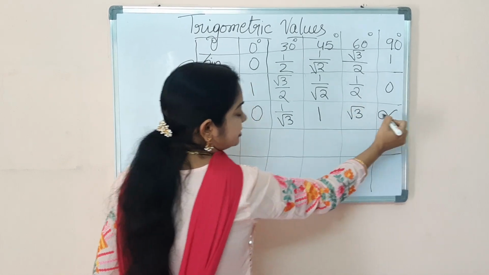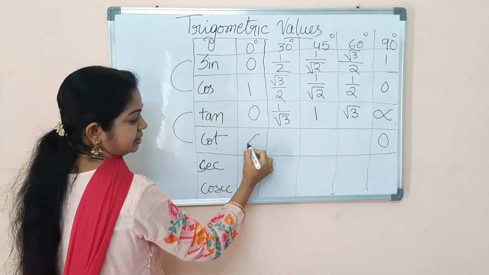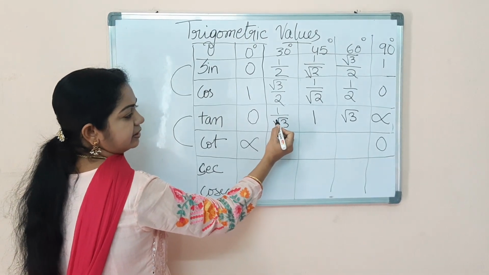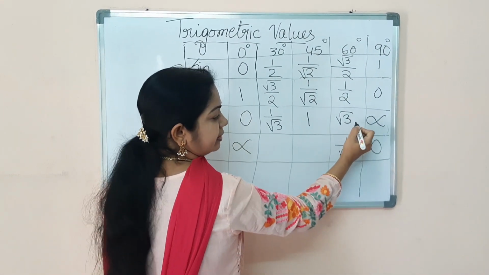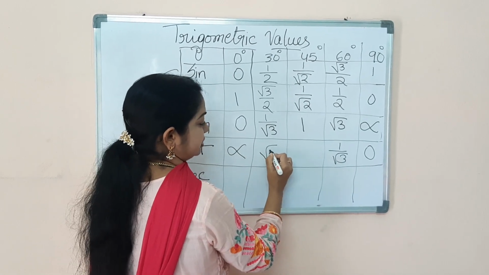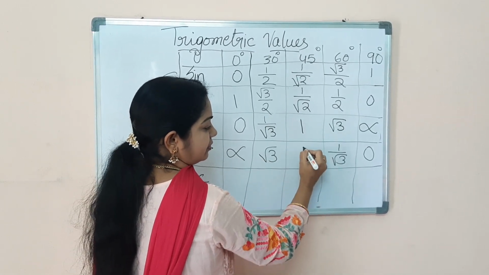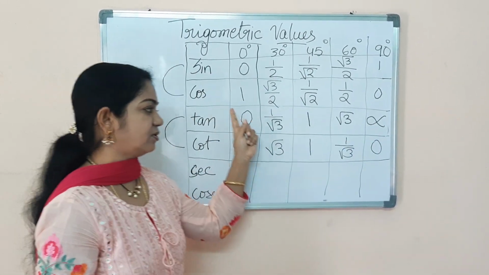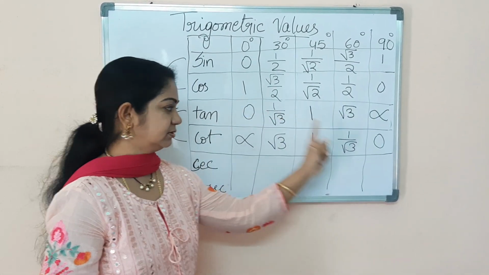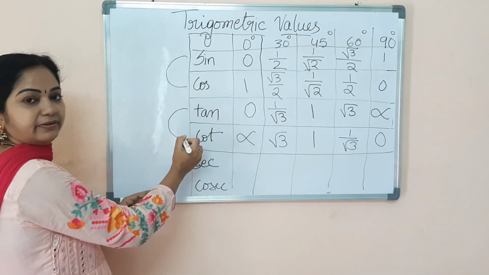And tan 90 degrees equals cot 0 degrees. Tan 30 equals cot 60. And tan 60 equals cot 30. And tan 45, cot 45, same. Means what I did? I have crisscrossed the values, because they are the complementary pair.